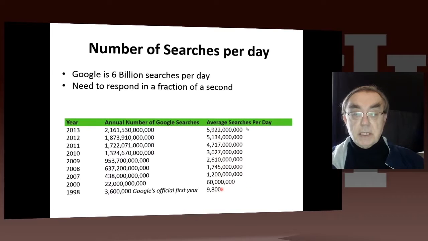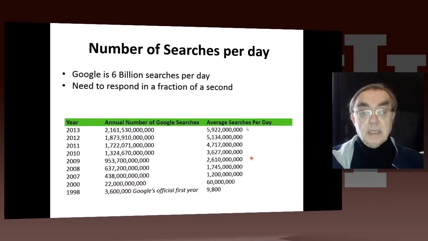Notice when they started, they got 10,000 searches per day. That was 1998. And it's grown pretty systematically. Maybe 2011 to 2012 was actually only a 10% increase. This is more like a 20% increase. So it's growing.